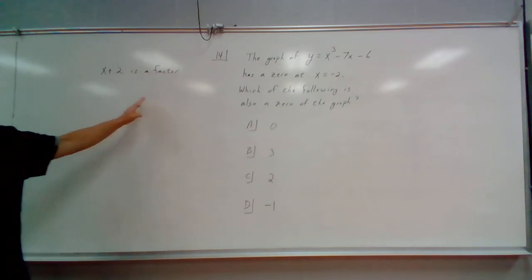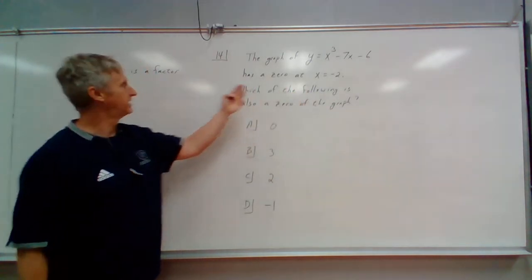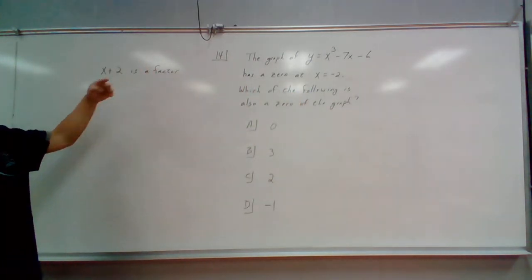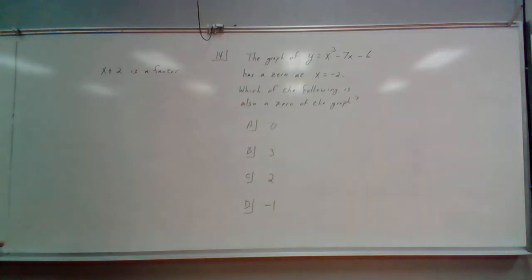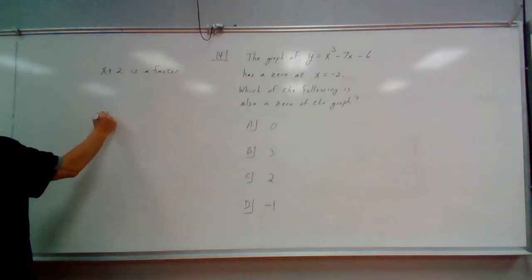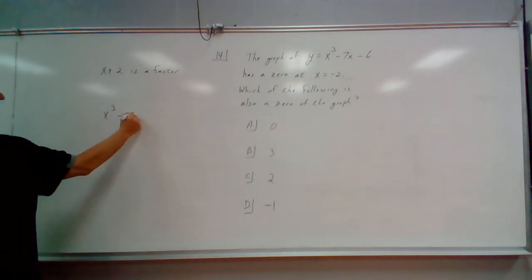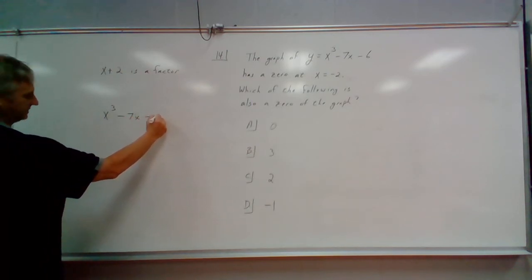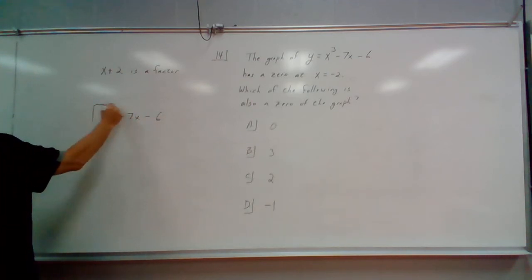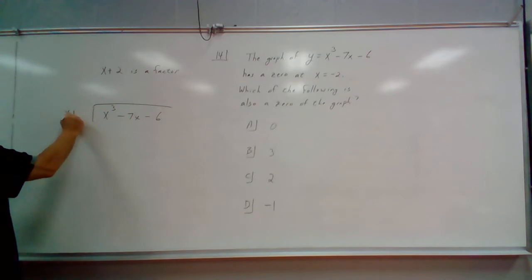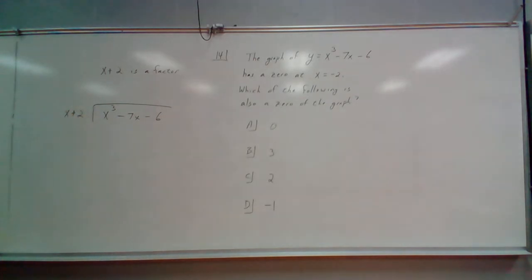If x equals negative 2 is a root, then x plus 2 has to be a factor of that graph. So I can divide x to the 3rd minus 7x minus 6 by x plus 2 and see what I have left.